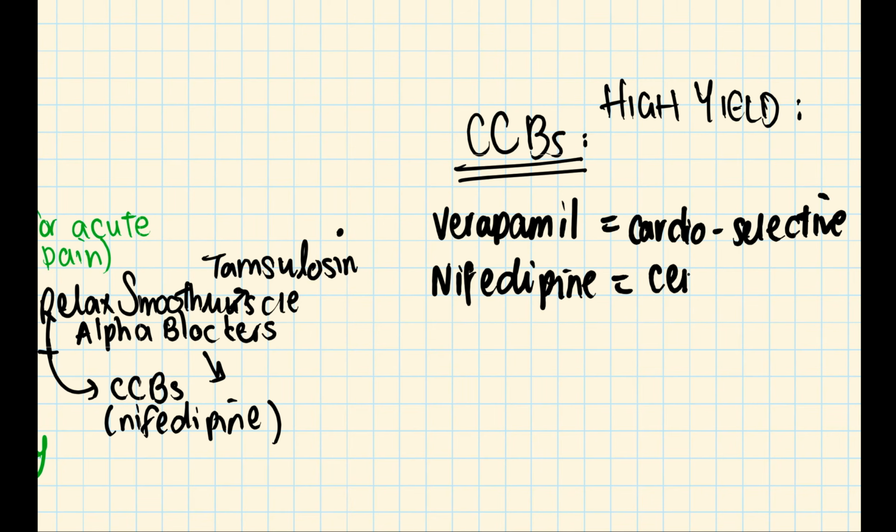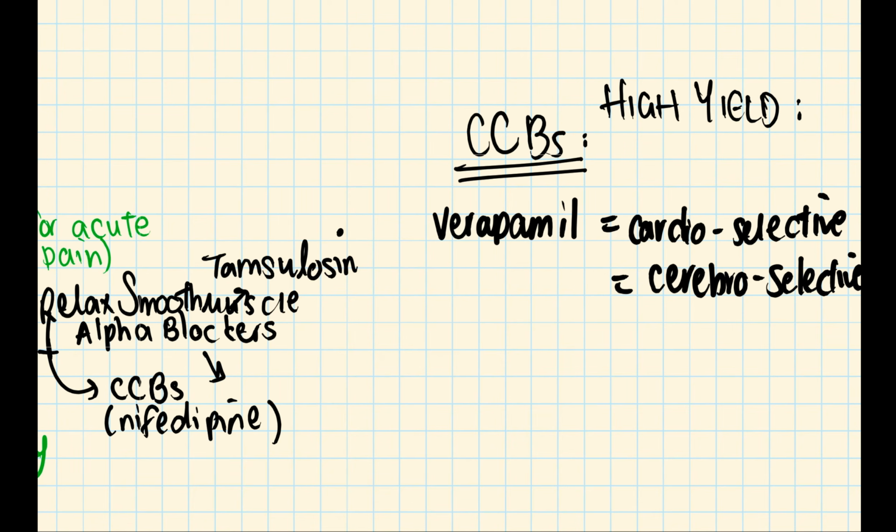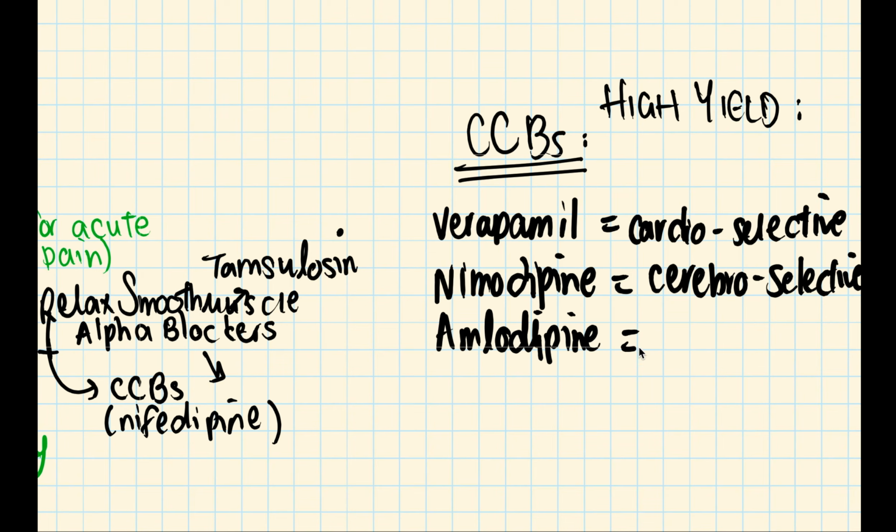Now, nimodipine can be used in subarachnoid hemorrhage, so it's cerebroselective. Verapamil is cardioselective, and nimodipine is cerebroselective, whereas nifedipine is the one that can be used for hypertension in pregnancy.